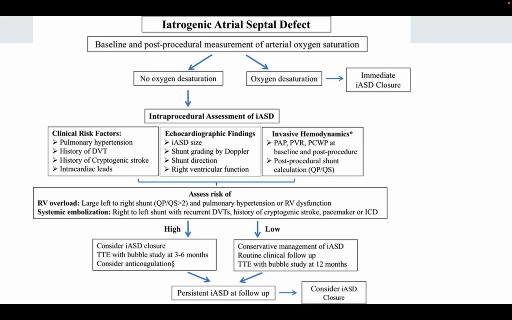Now, in this particular situation, we are not in a hybridized room, so this is assuming you're under fluoroscopy and determining when to close it, when not to. I don't know the exact percentage, but one of the guidelines for the Amulet device says that within 6 months, most of these ASDs endothelialize and close on their own, or they become not significant.